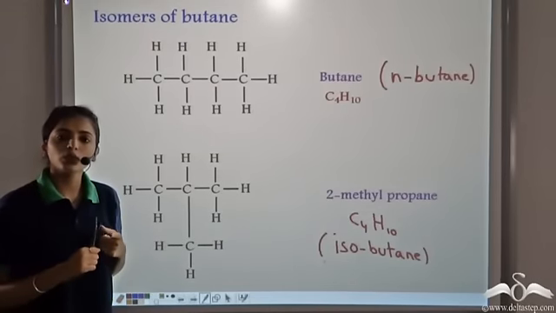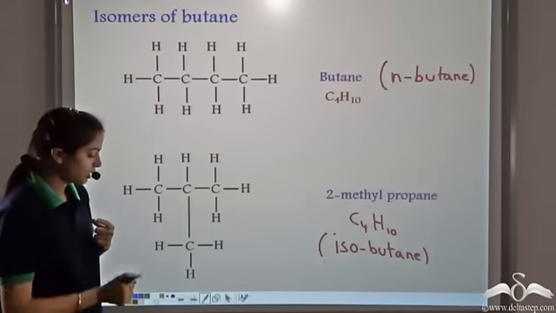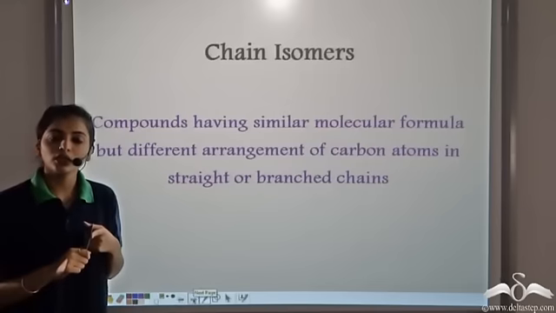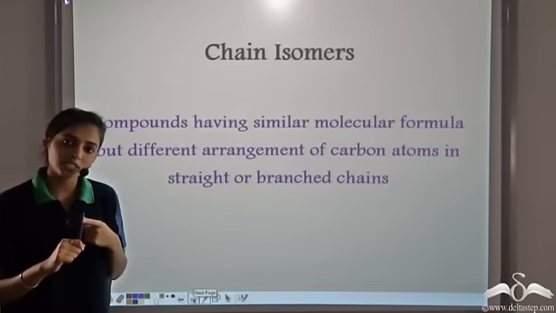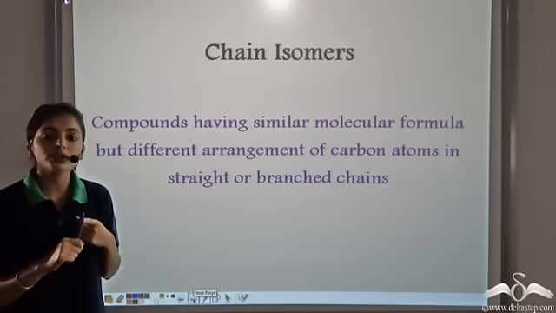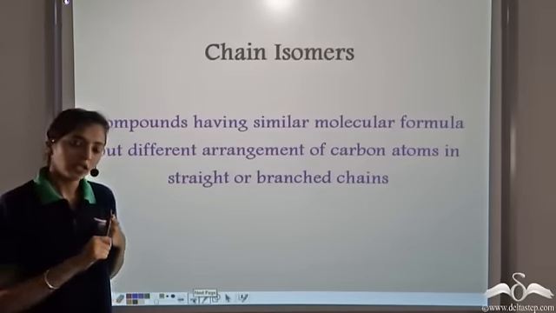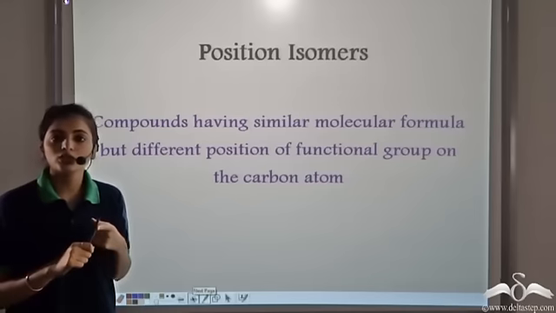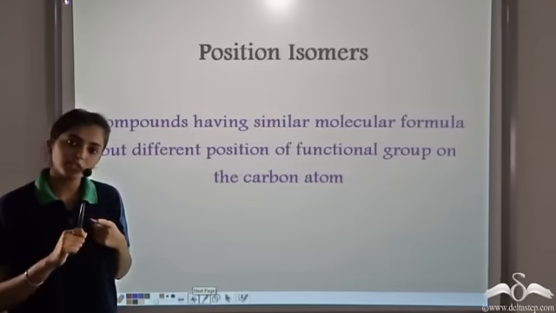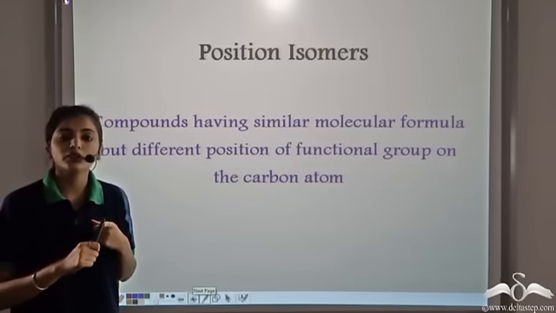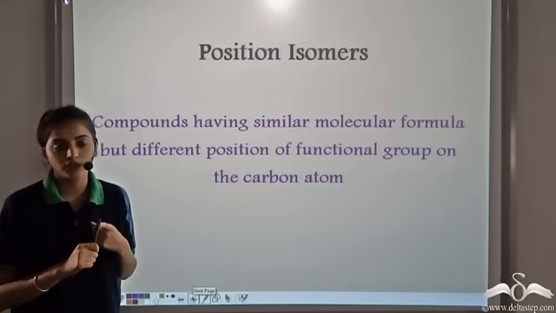Now let's recall what types of isomers are possible. We know that chain isomers are compounds having the same molecular formula but different arrangement of carbon atoms in the straight or branch chains, and position isomers are compounds having the same molecular formula but different position of the functional group in the compounds.